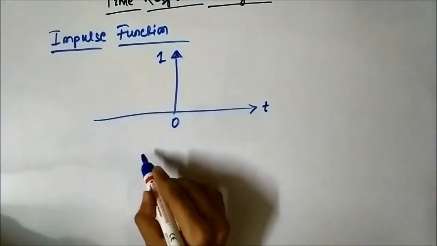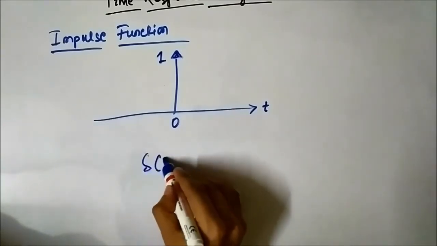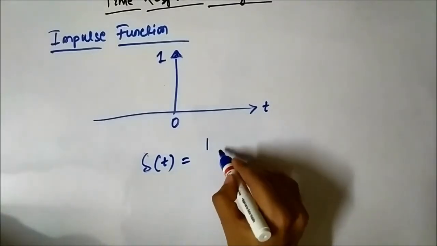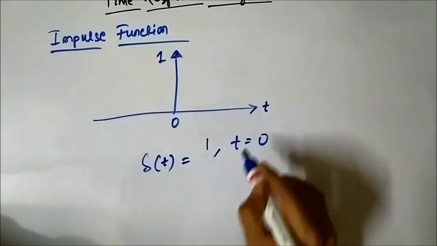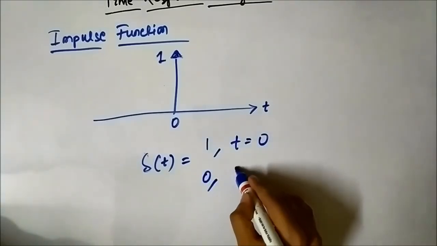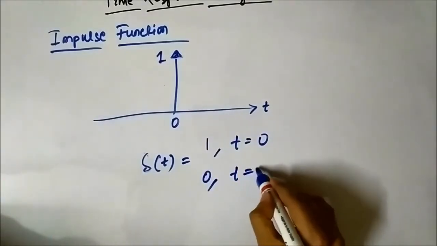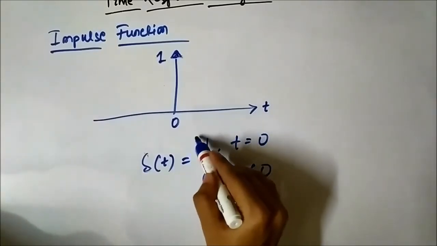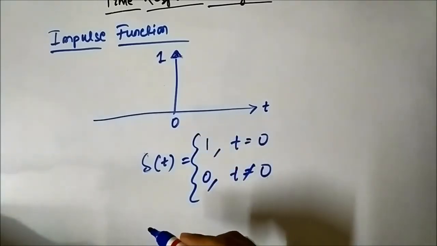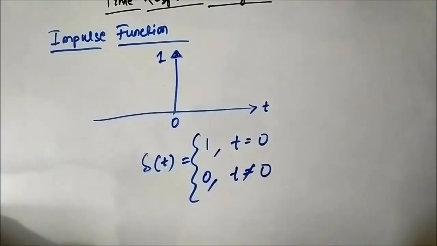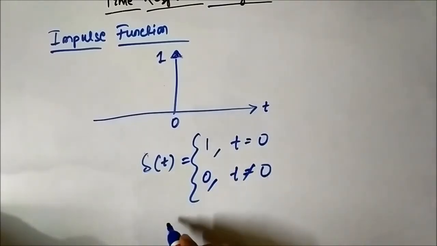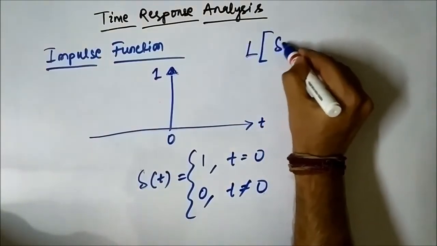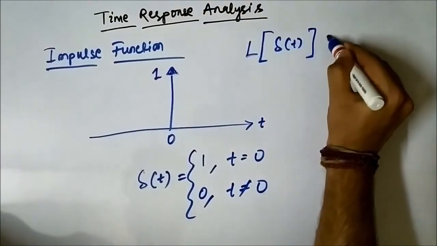So the impulse function is represented as 1 at t equals to 0 and 0 elsewhere. Everywhere else it is 0. So it only exists at t equals to 0 and its value is equal to unity. Another important feature is that the Laplace transform of the impulse function is equal to 1.